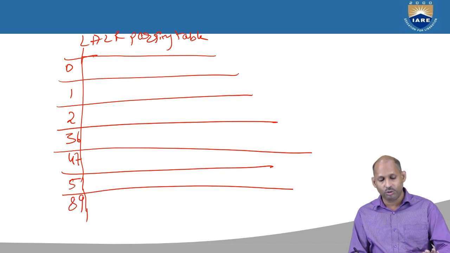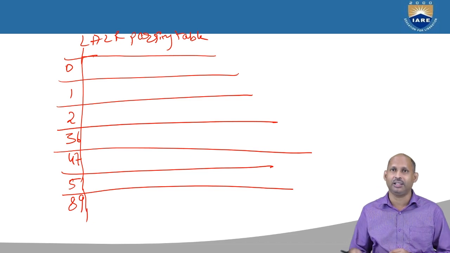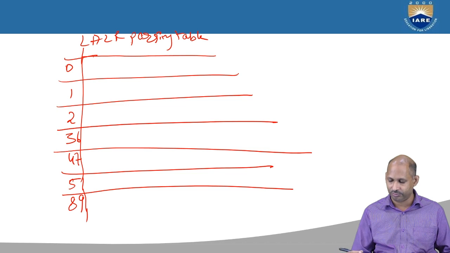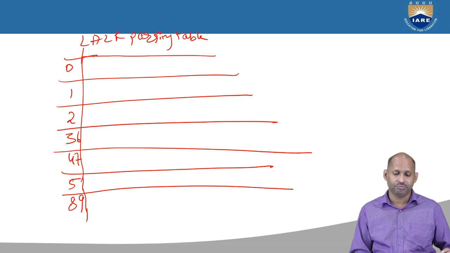So 0, 1, 2, 3, 4, 5, 6, 7 states. Those 10 states are reduced to 7 states.